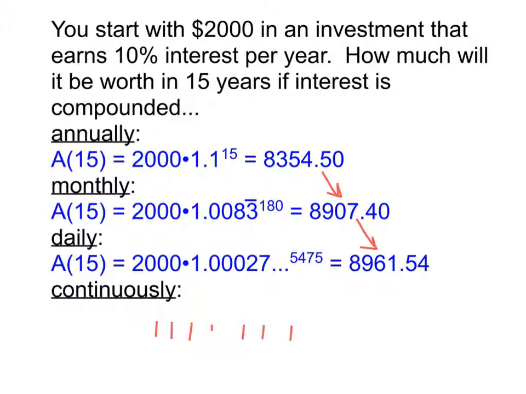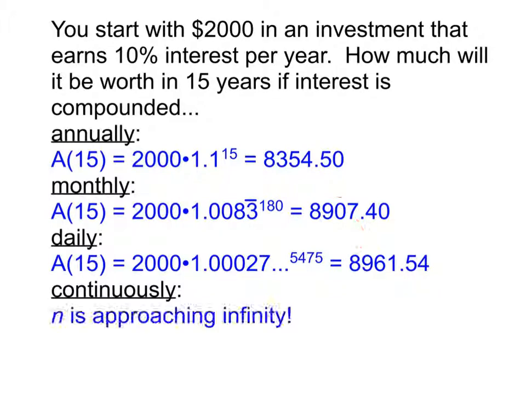There's still separation in those seconds. Continuously is like, yes, that n value is getting really, really big, but almost to the point where n would be approaching infinity. What would happen if we went out to put the biggest number humanly possible in for n and then go more?